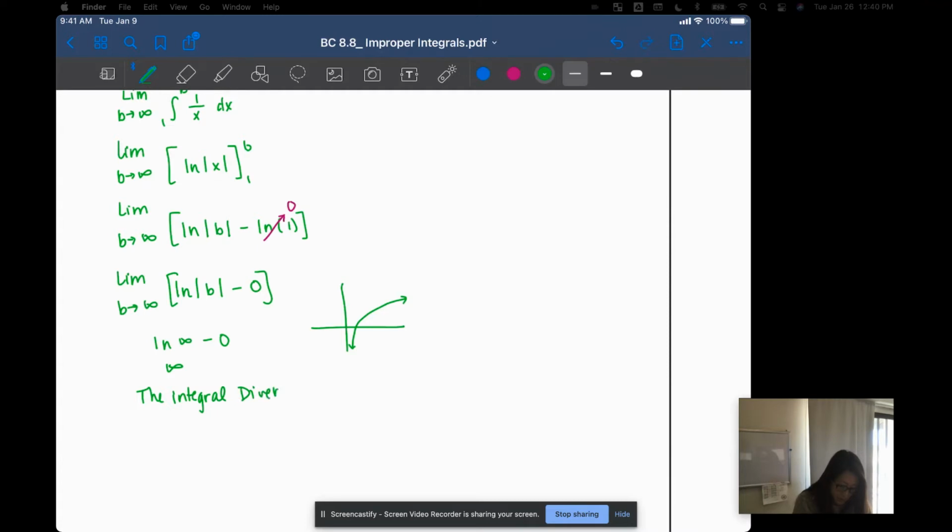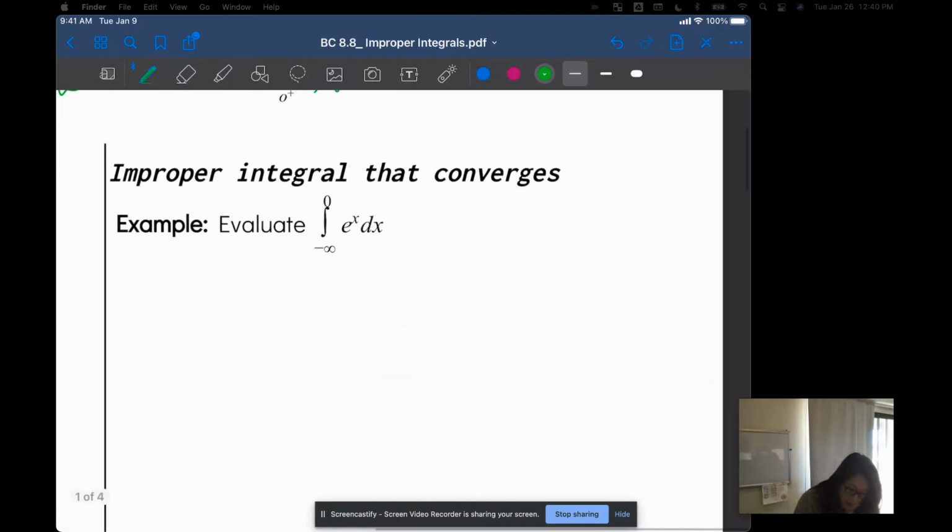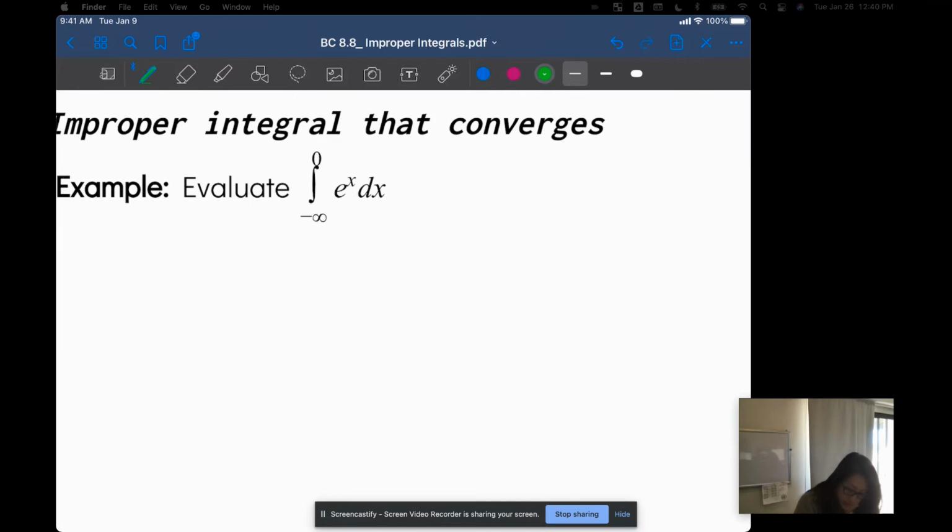Because the integral goes to infinity, we know that the integral diverges, meaning the area is not finite. It's going to get bigger and bigger, the area under the curve. Now this one, e to the x, looks something like this. But we're going from negative infinity to 0.